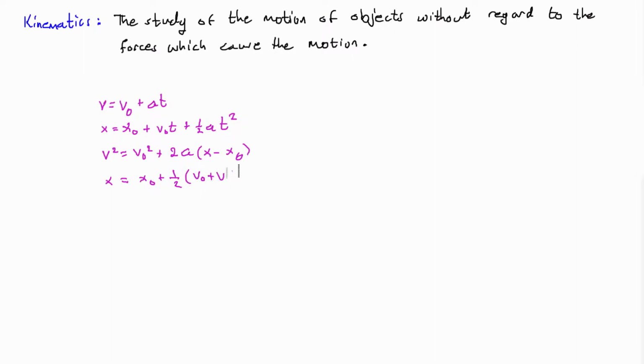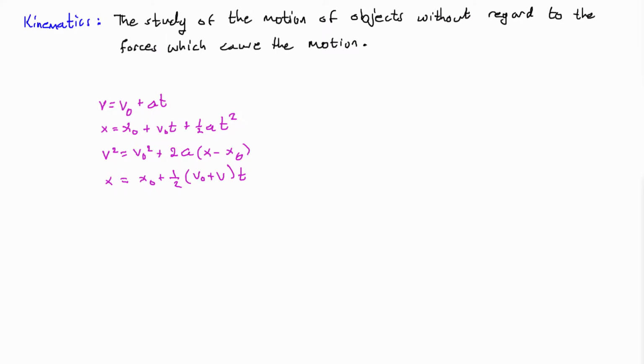Okay. So the thing is, all these equations I derive on my website. If you check the step-by-step descriptions of the kinematic equations, you'll see how you can manipulate these two equations, this one and this one, to get these two.